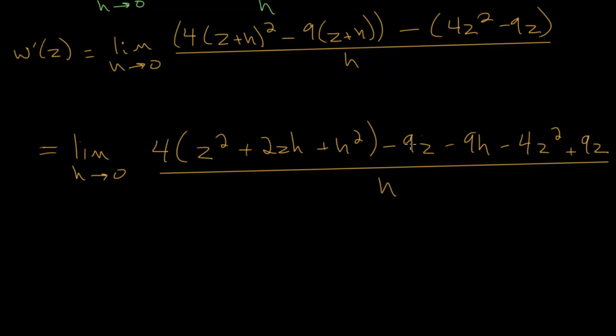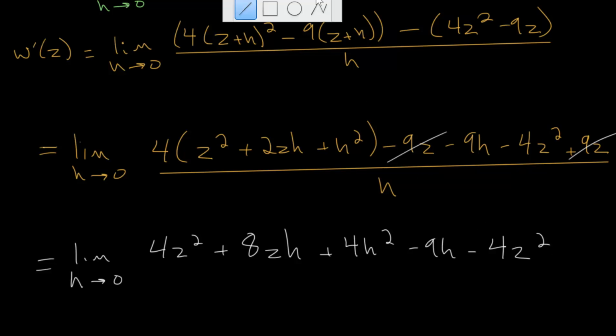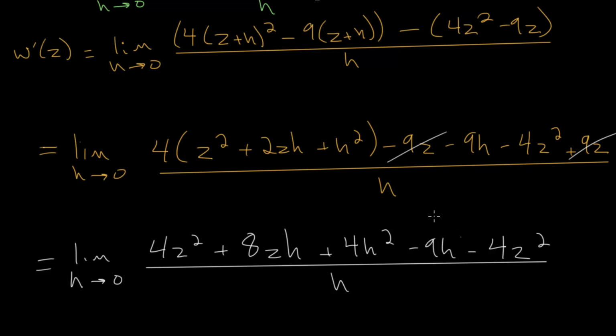Right away we can notice that this minus 9z plus 9z, that will cancel. And we can simplify further by distributing this 4. We would have 4z squared plus 8zh plus 4h squared. And we have minus 9h minus 4z squared. All of this is still divided by h, but notice that we have 4z squared minus 4z squared.